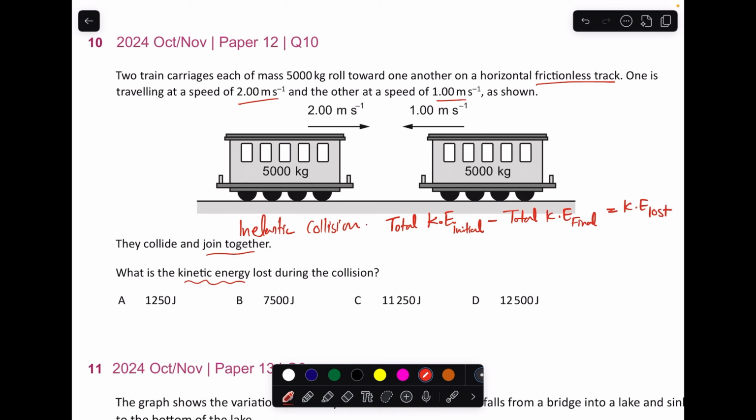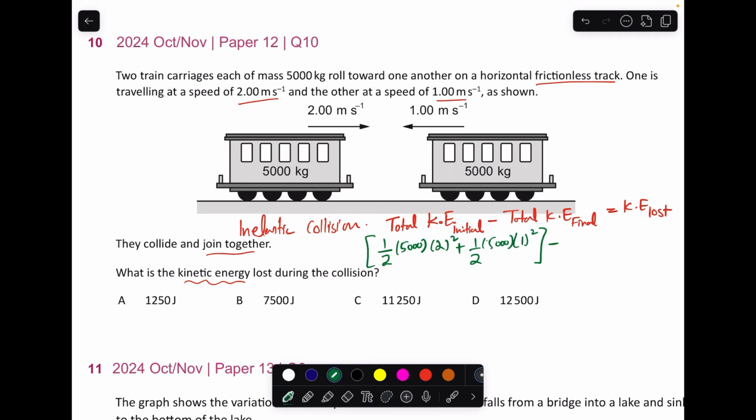So to find the total initial kinetic energy, the first carriage was moving with half mv squared, mass is 5000, v is 2 squared, plus, I'm writing this for the total initial kinetic energy, 1 by 2, mass of second is also 5000, velocity is 1 squared.